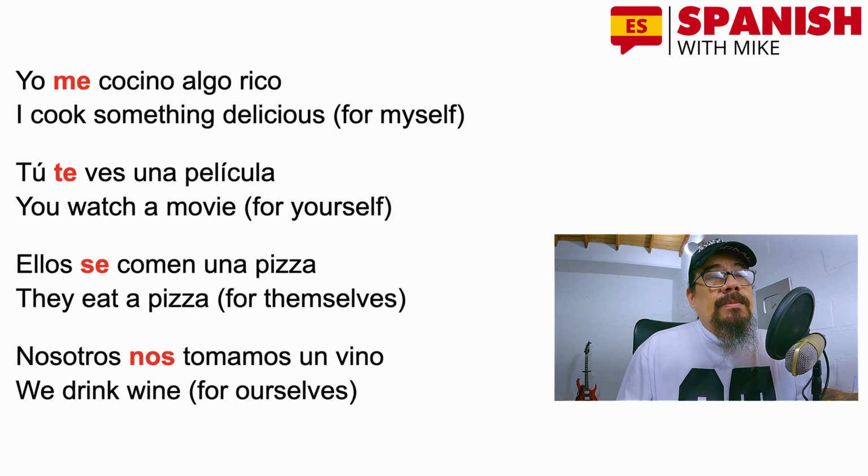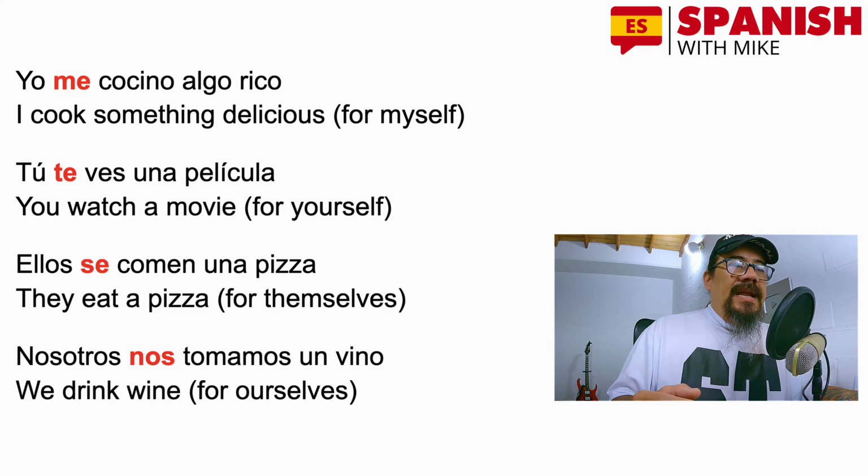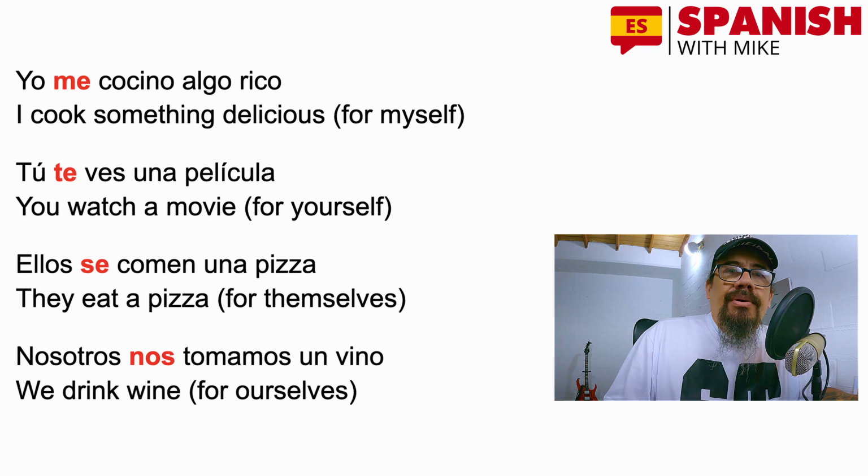And nosotros nos tomamos un vino. We drink some wine for ourselves. Again, here the dative of interest emphasizes the personal benefit of the action. Now, most likely, you will most often hear the dative of interest in informal speech in Spanish.